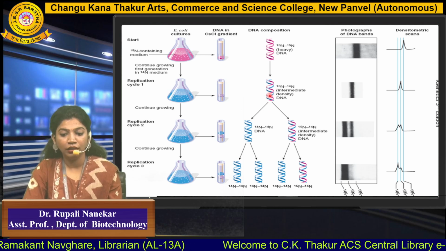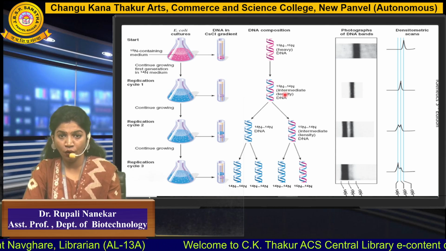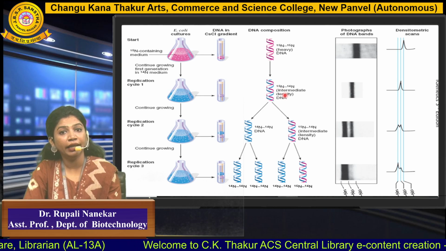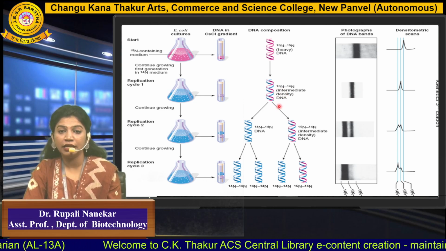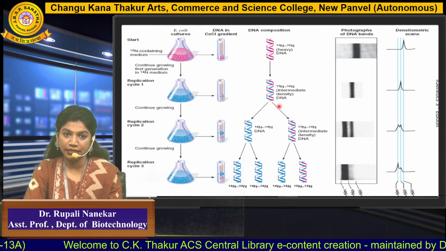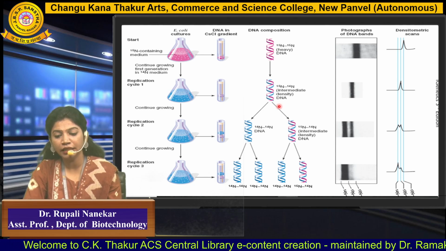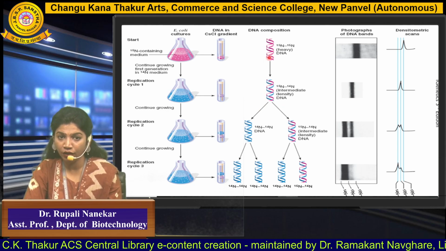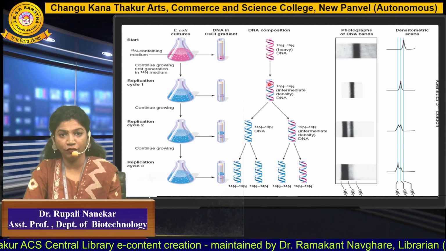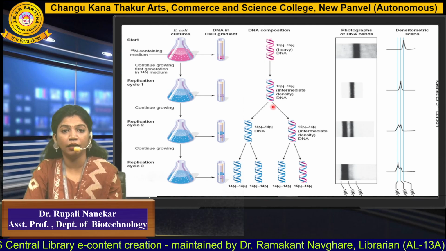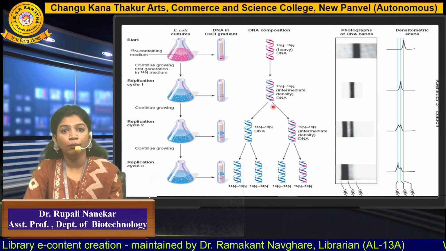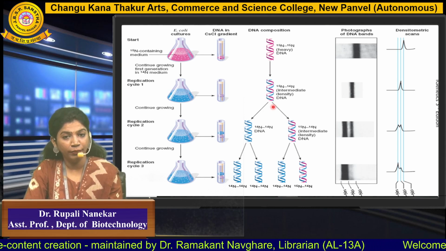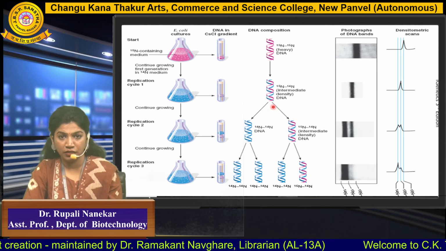So over here, two different strands were observed, N15 and N14, which tells us it's an intermediate density. How come intermediate density? If you see the pink one, which is the N15 heavier one, and the new one which has been formed, as we have previously seen in the diagram, both of them are together. That means 50% is conserved.